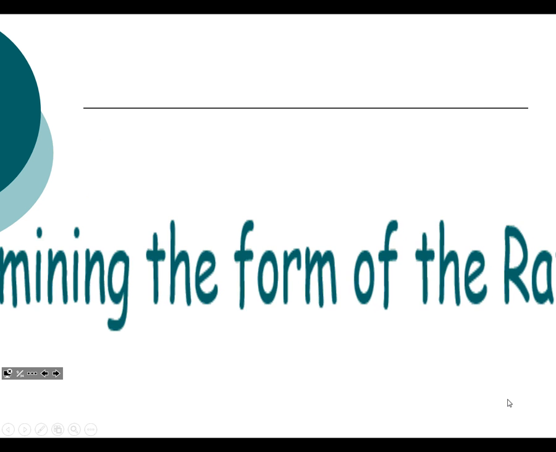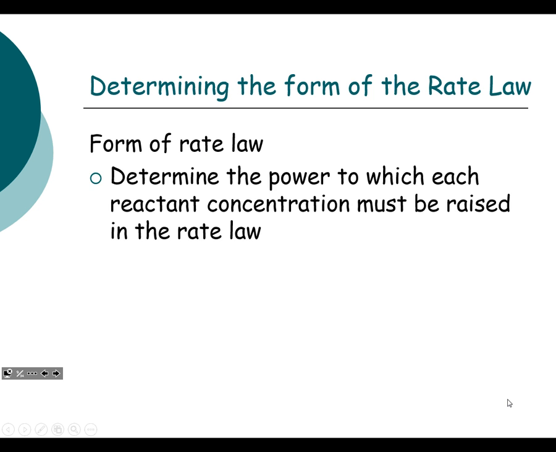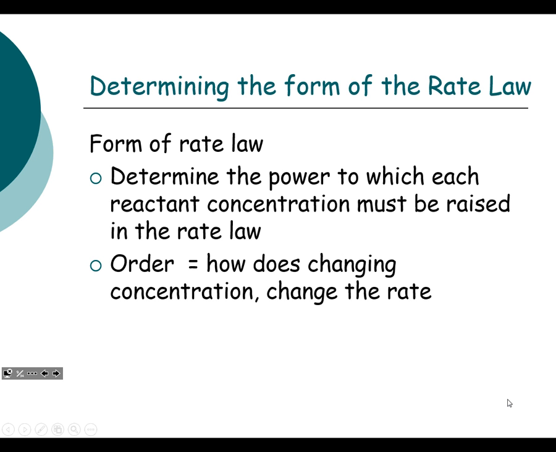Okay, so how do we figure out what the form of that rate law is going to be? We need to determine the power to which each reactant concentration must be raised in the rate law, which means we got to come up with the order. And everybody's like, what is order? I don't understand it. It's very easy. We determine the order by looking at how changing the concentration changes the rate.